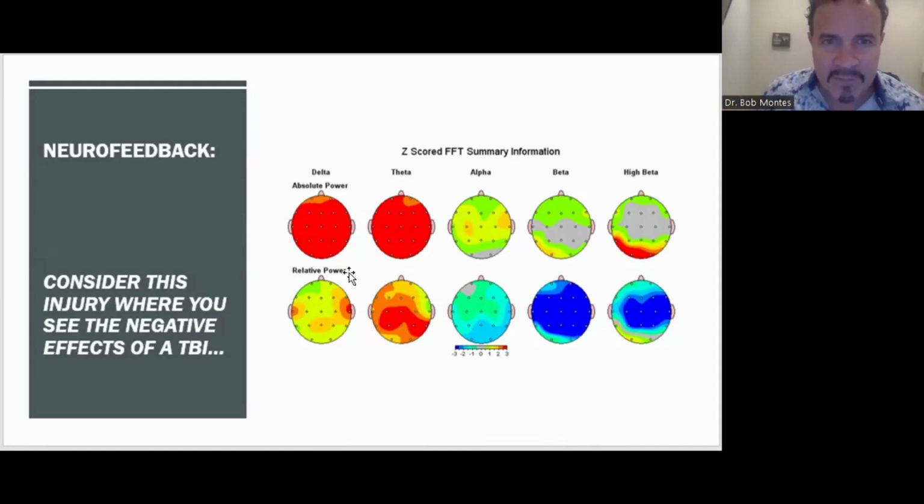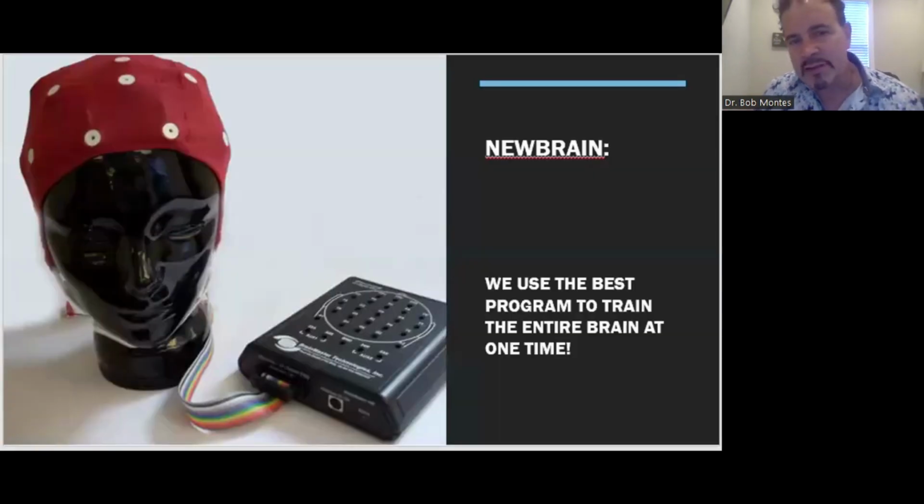Now, this is the effort of the brain to heal itself, but oftentimes just this process alone can take a long time for a 2 or 4 channel system to work. You're constantly moving the leads. When we use our system at NewBrain, we use the NeuroGuide software to do the job, which is the use of the entire cap at once. We use the best program to train the entire brain at one time.